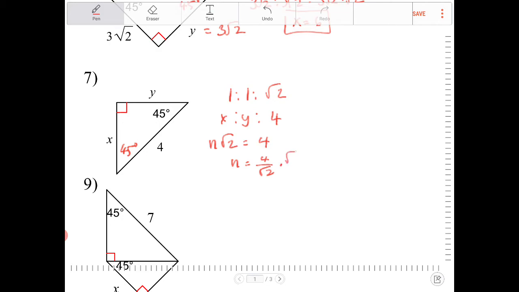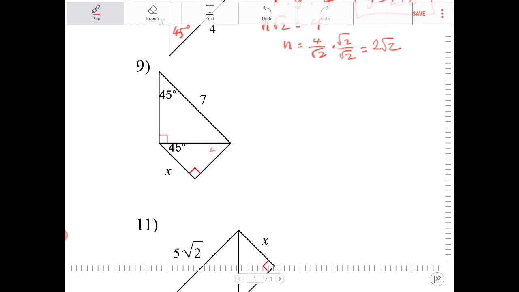We have to multiply the numerator and denominator by radical 2. And we'll end up with 2 radical 2. That's the factor. So that means I'm multiplying every number here by 2 radical 2 to end up with the new triangle, right? So that means x is equal to 2 radical 2, and y is equal to 2 radical 2.